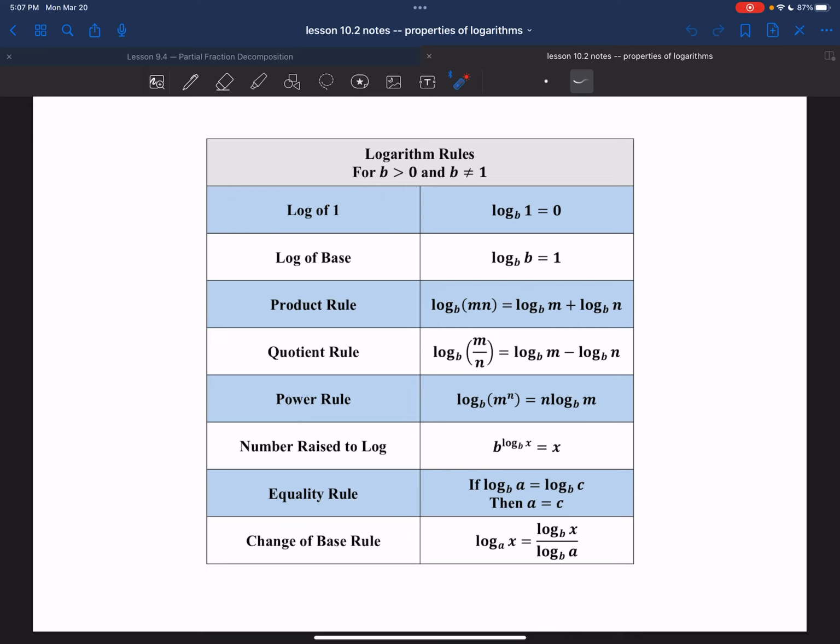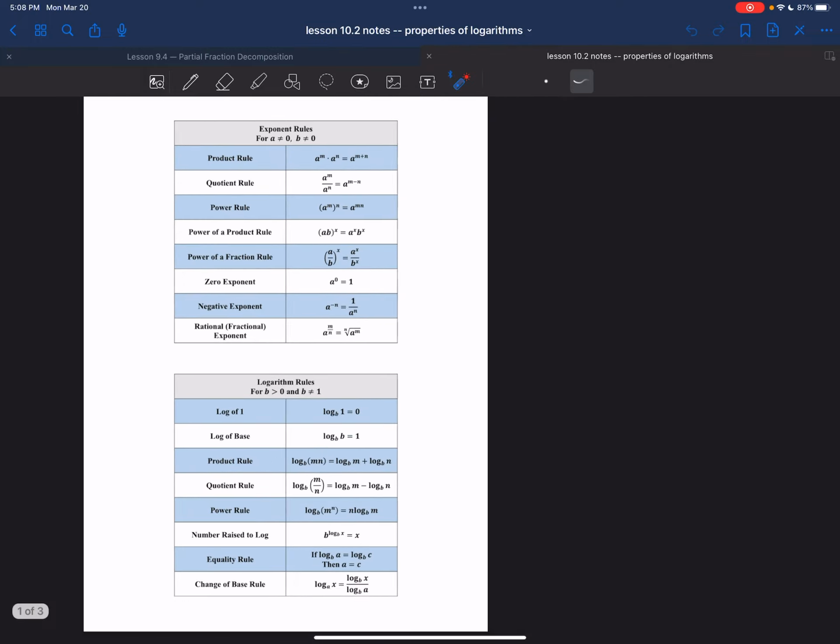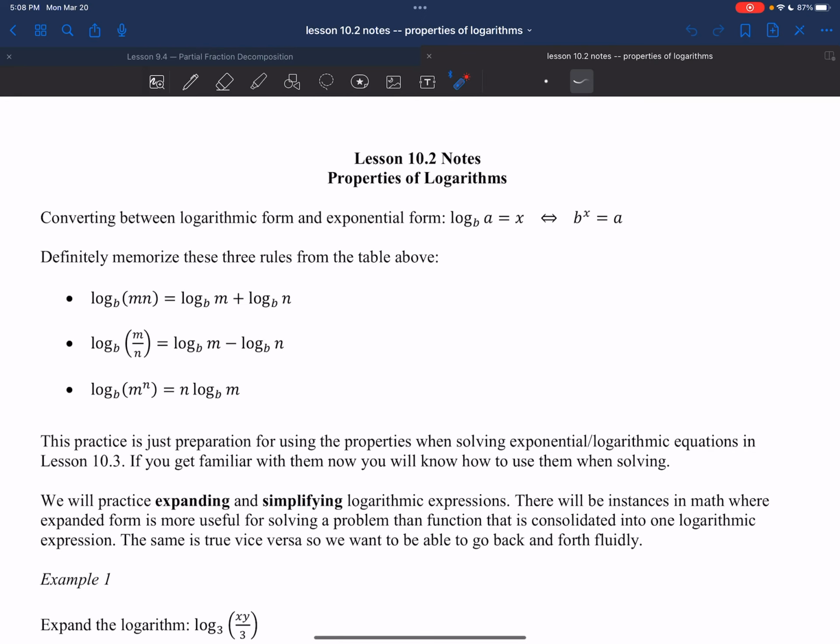So, sorry, I'm coughing. Looking at log of 1, I say log base b of 1 equals 0. That is the rule. That is what's to know. And this makes sense because I'll actually go to this next page here. We've talked about in class converting between logarithmic and exponential.